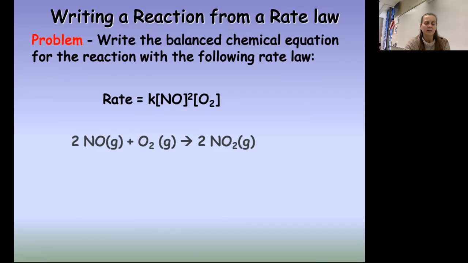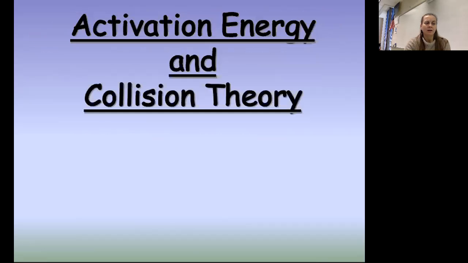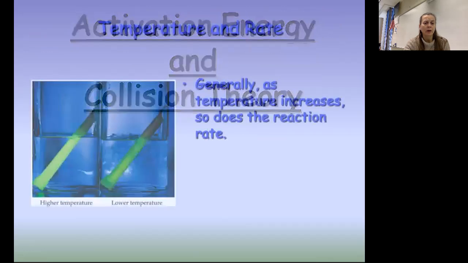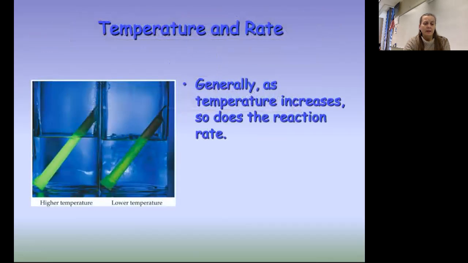Let's talk about this idea of collision theory. So we have talked about all of these things that cause reactions to speed up or slow down, different factors that impact rate. And we're going to talk today about why that is. And so we know that as temperature increases, rate increases.